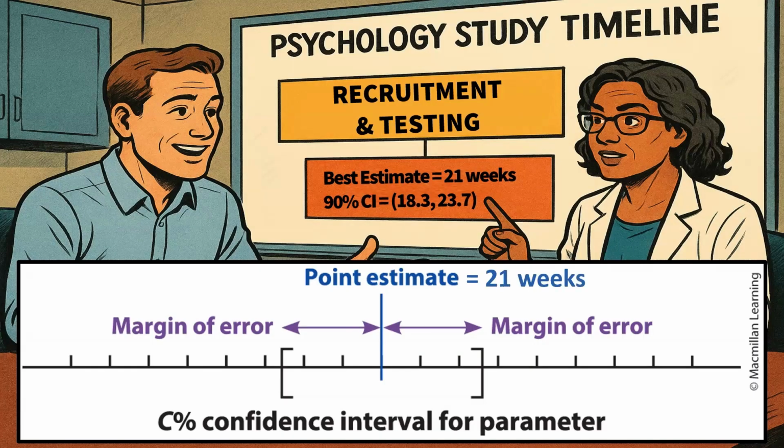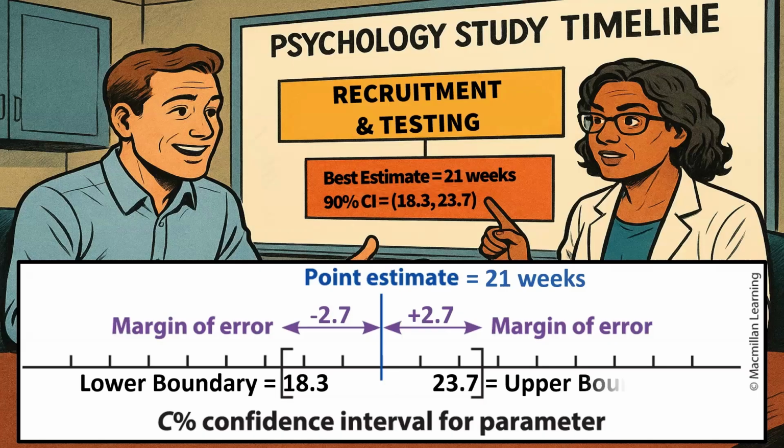And then we have a margin of error on the one side of plus 2.7. And then we got a margin of error on the other side of minus 2.7. And that point estimate with those margins of error give you your lower boundary of 18.3 weeks. And they give you your upper boundary of 23.7 weeks.